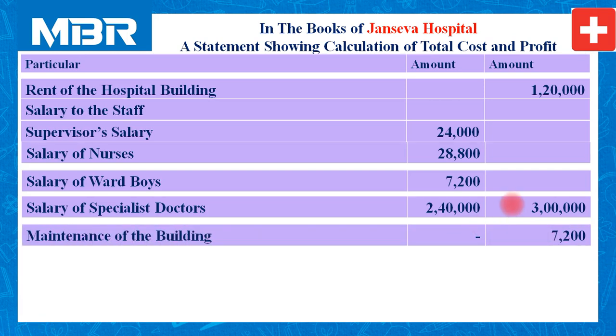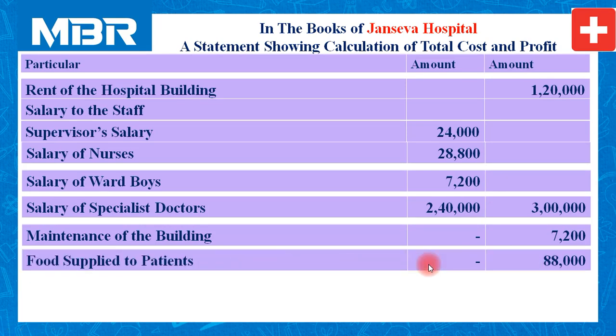Maintenance of the building 7,200. Now I shift to the second slide, but you need to prepare your statement in your book in a continuous frame, because at the end we need to make a total of all the items.